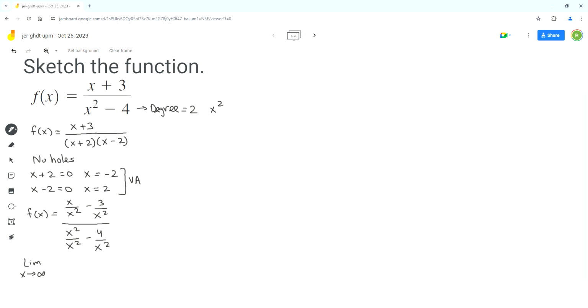So x over x squared becomes 1 over x. In the denominator, x squared over x squared becomes 1.